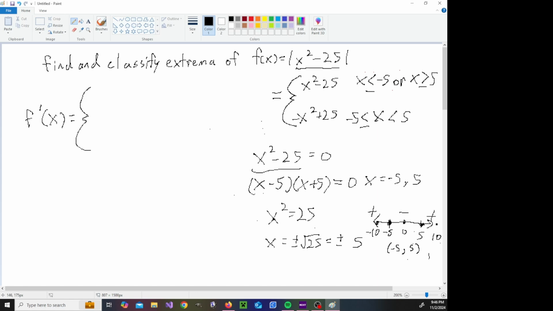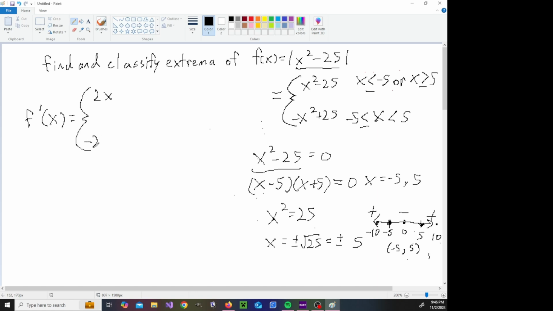So for the top part, I want to take the derivative of x squared minus 25. Well, the derivative of x squared is 2x, derivative of negative 25 is 0, so that's just going to be 2x. Well, what is the derivative of the bottom piece, negative x squared plus 25?